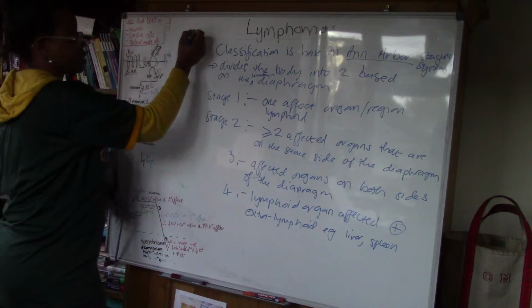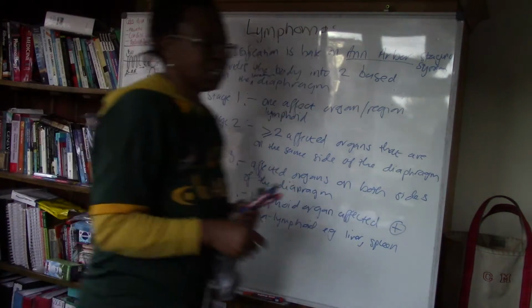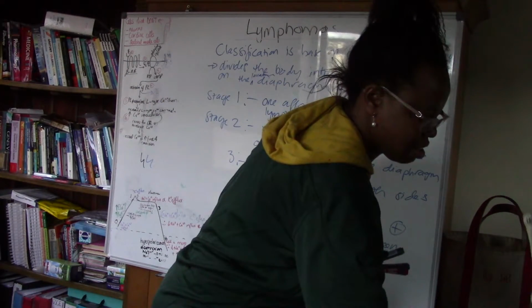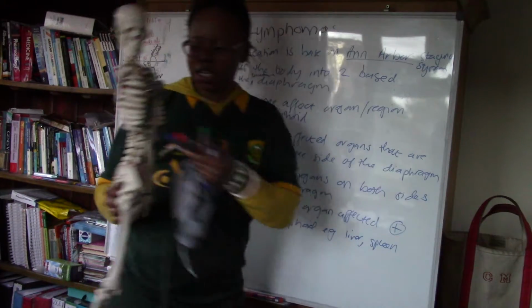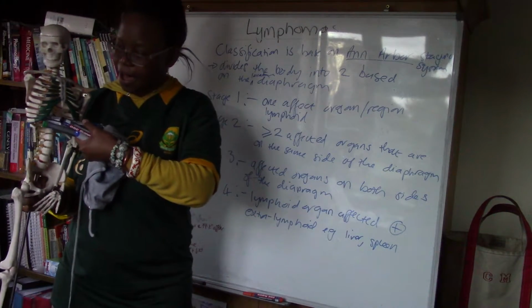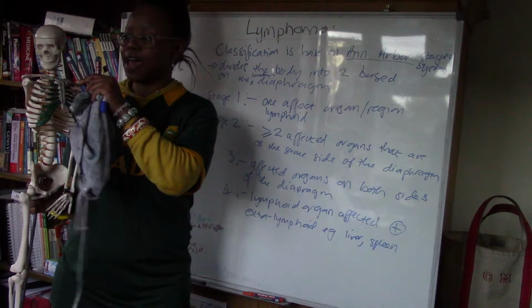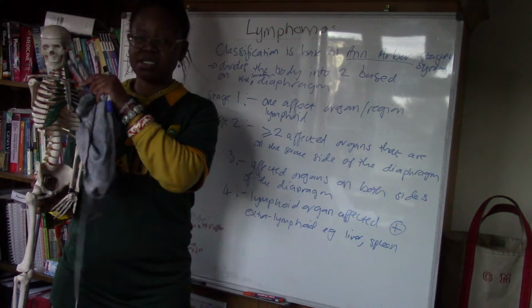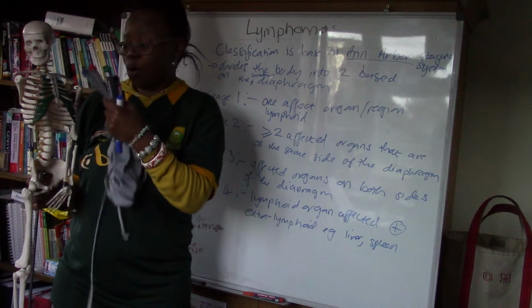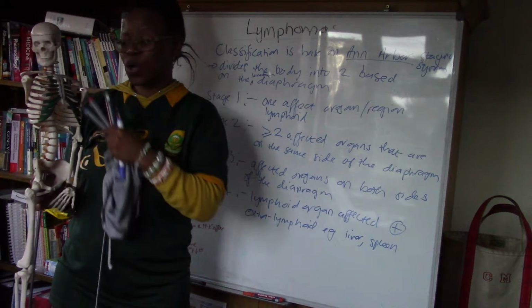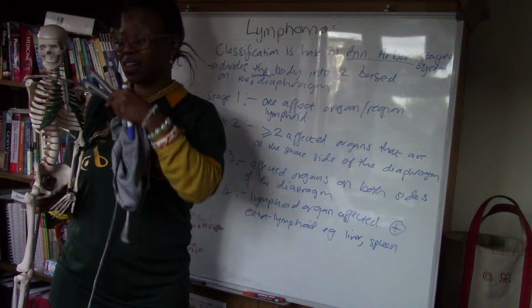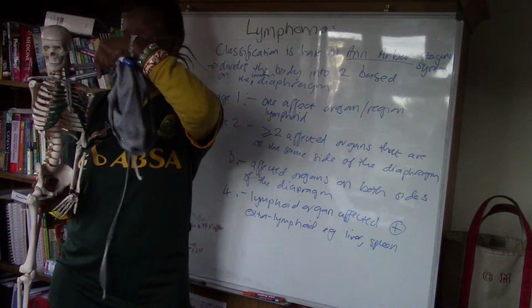So if this was a human body, I don't know whether to borrow my model. So the diaphragm will be sitting there, and then one with stage 1 might have a lymph node there, say in the cervix, or perhaps in the axilla, or the mediastinal, or the supraclavicular.